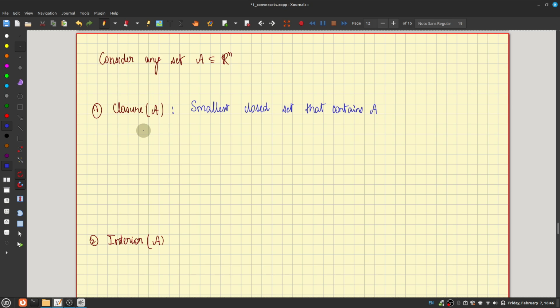If you add all of these points to A, then that is guaranteed to become a closed set. So that's one way of putting it. Another way, slightly simpler, which doesn't involve sequences, is the following. Again, I'm trying to define this notion of a limit point.